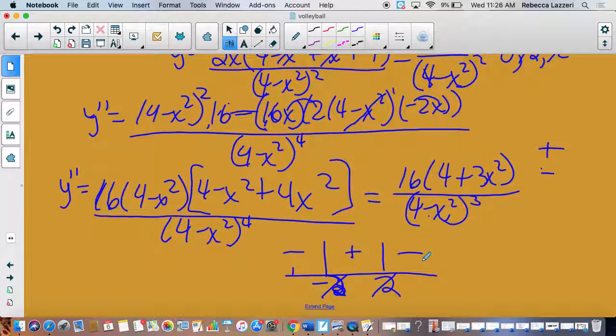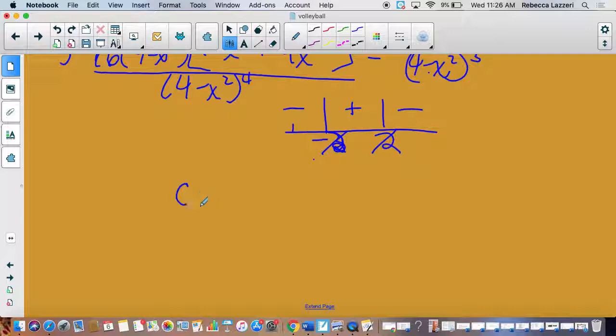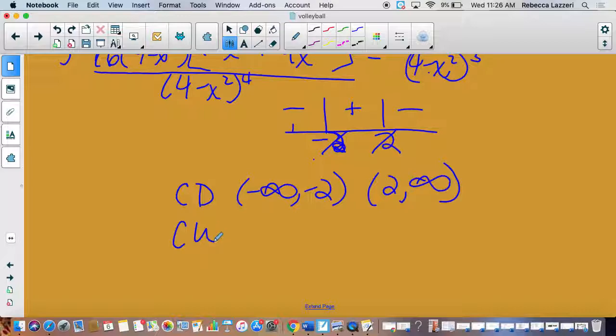All right, so I can say that this one is concave down from -infinity to -2, and from 2 to infinity, and is concave up from -2 to 2. Is that the answer in the back? Okay, and no points of inflection.